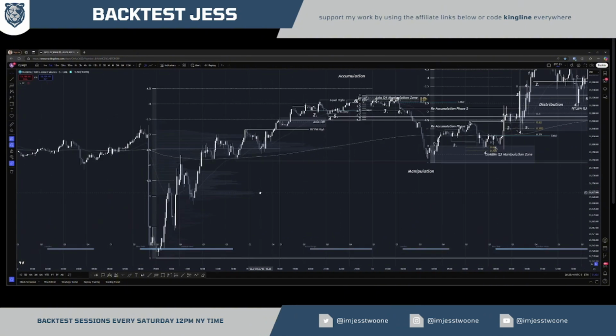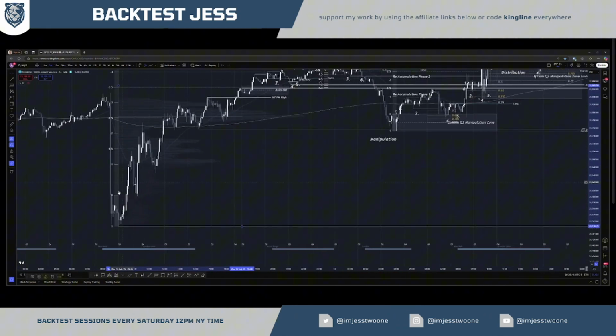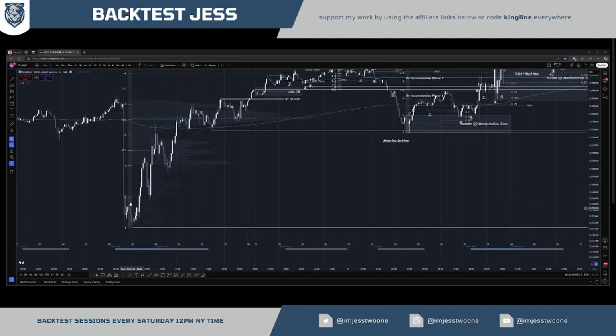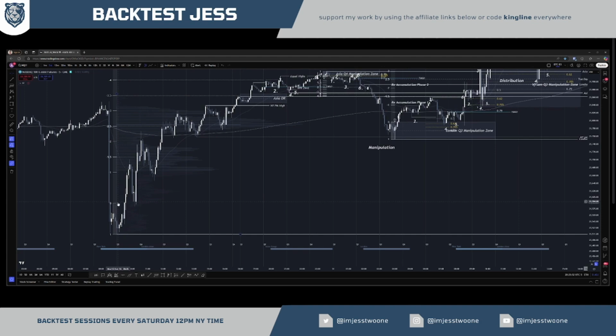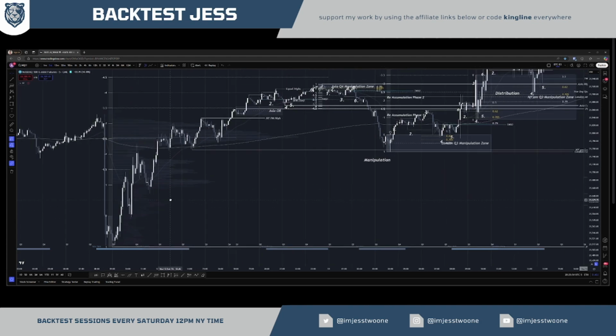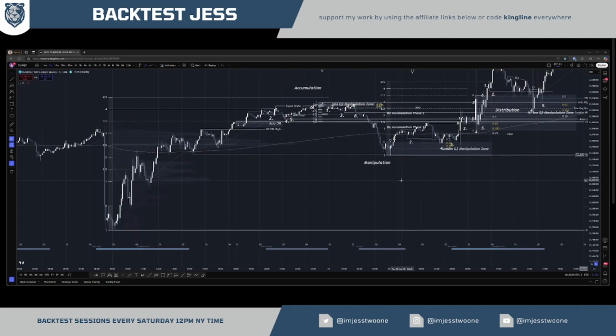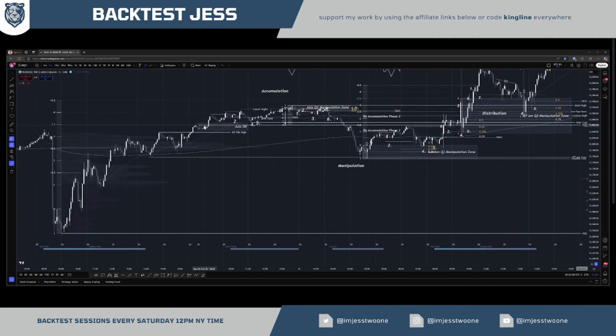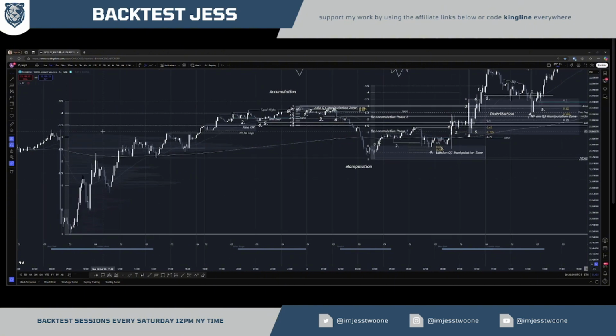And then we've used this zone here from New York Q2 into Q3 became our manipulation zone from that previous day. So when we start Asia, or any session, we like to use the previous session manipulation zone, and we want those session highs and lows for potential draws on liquidity.